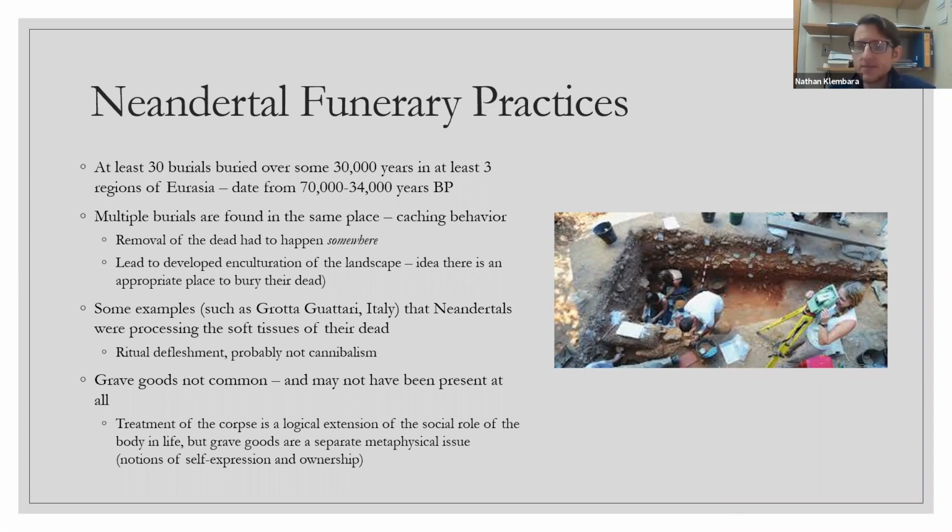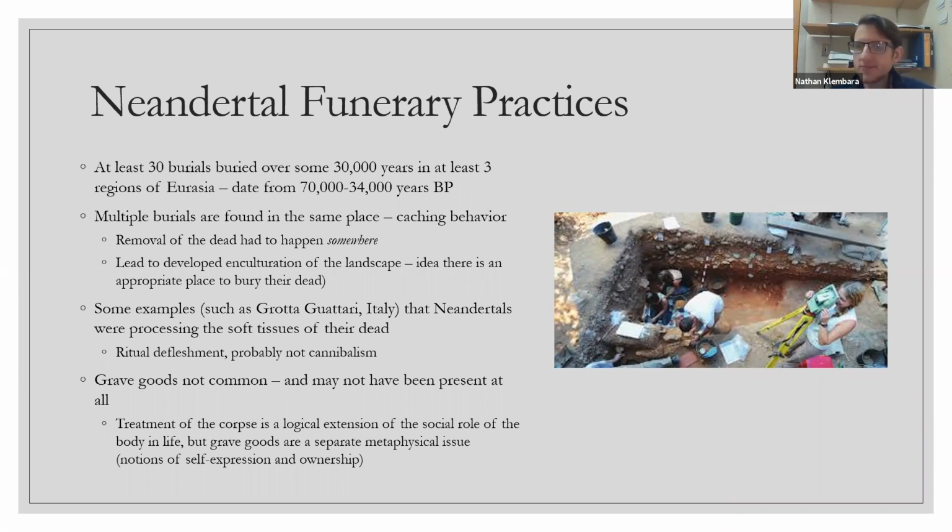We also have evidence of very intense ritual treatments of the body among the Neanderthals. For example, at the cave site of Grotta Guattari in Italy, we know that Neanderthals were processing the soft tissues of dead Neanderthal bodies. This was probably not cannibalism.